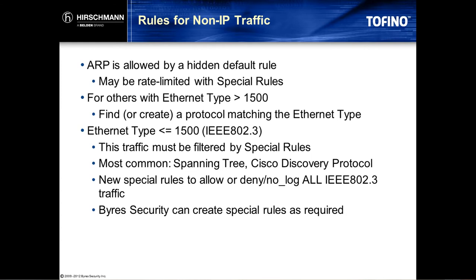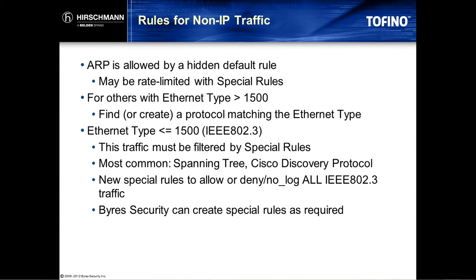That traffic will pass through the Tofino by default without you adding any particular firewall rules to your configuration of your Tofino. Now there are certain cases where it's useful to limit the rate at which ARP is allowed to pass through the device, and we have a set of special rules that can be used to do that.